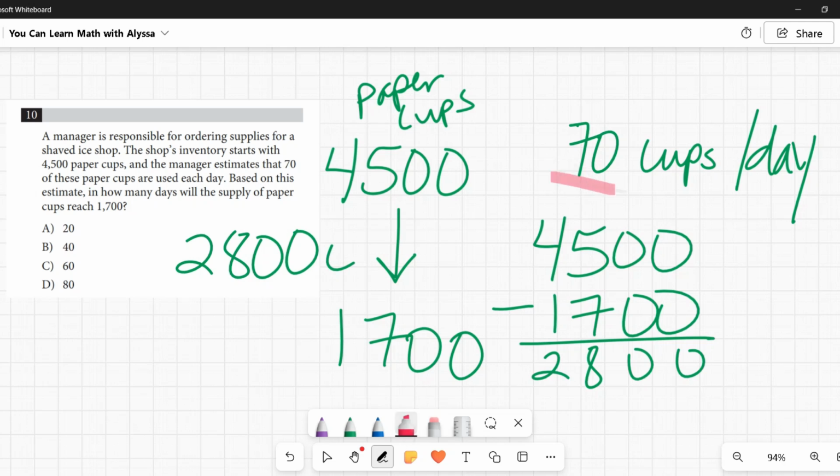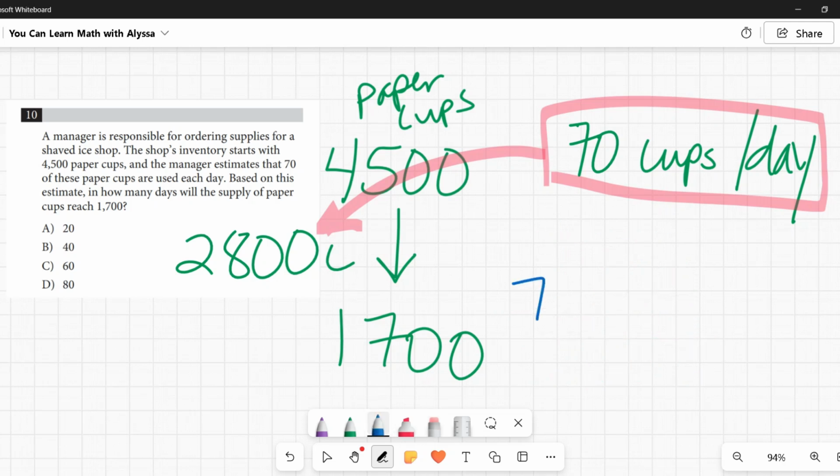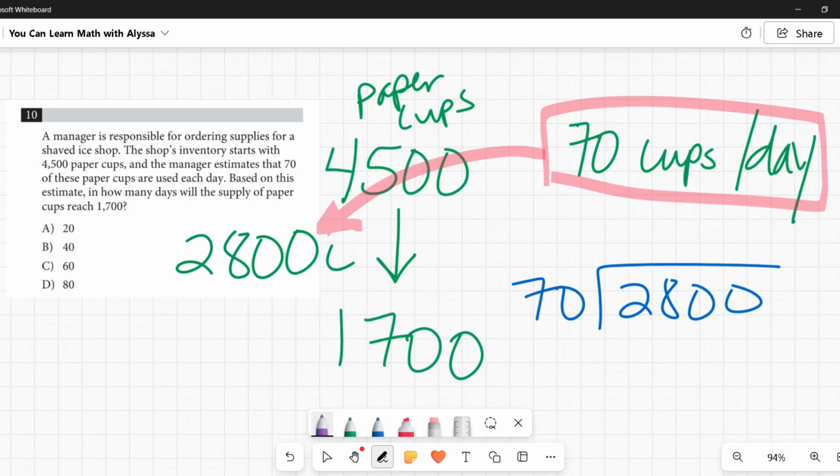And if there were 70 cups used every day, how many days did it take to use 2,800? So for that, we need to divide 70 into 2,800. Little shortcut there, if your teacher never showed you this.